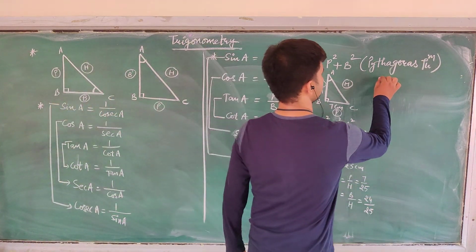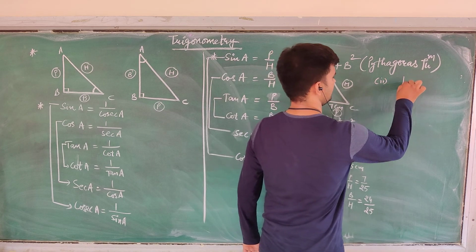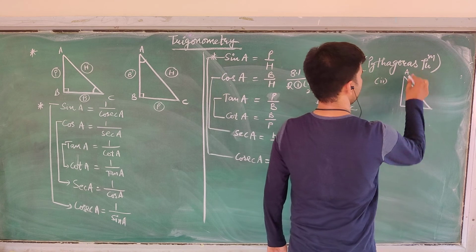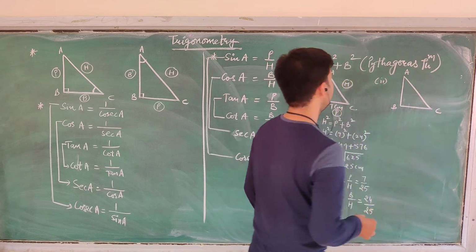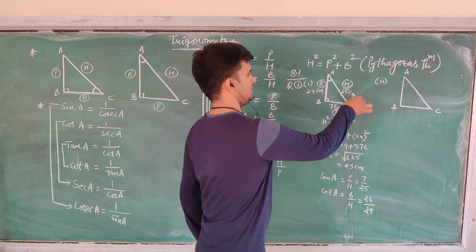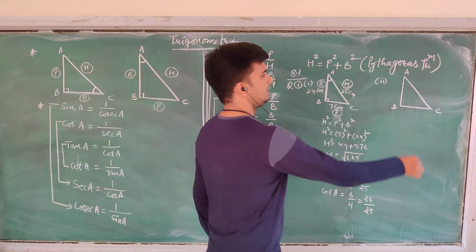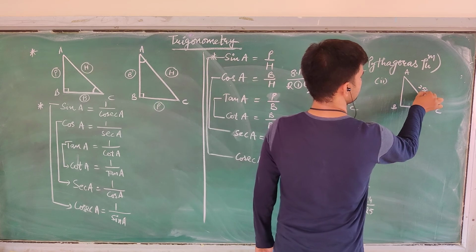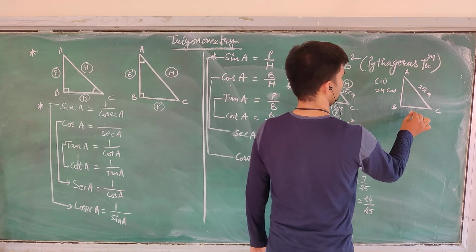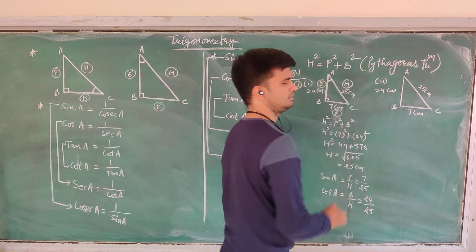Now see, for the second part, I am drawing here the same figure A, B, C. See here, H is 25 centimeter. It means AC is 25. Length will remain same. AC is 25 centimeter. AB is 24 centimeter. BC is 7 centimeter.